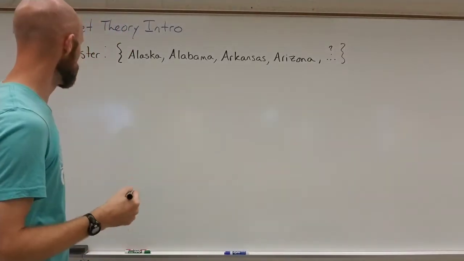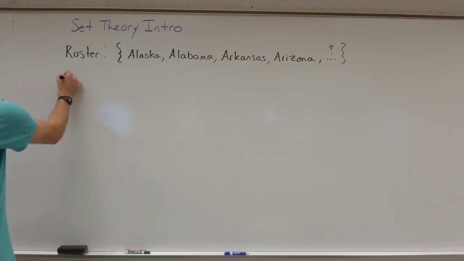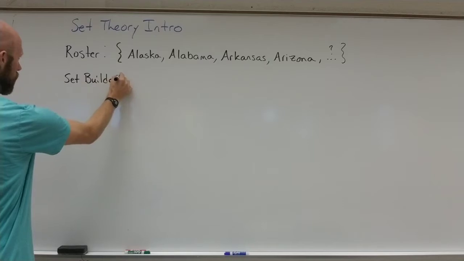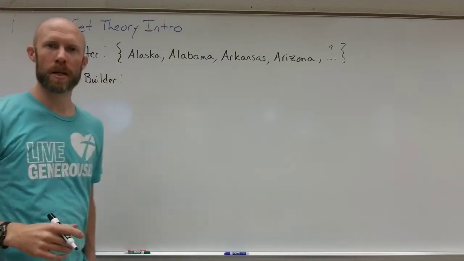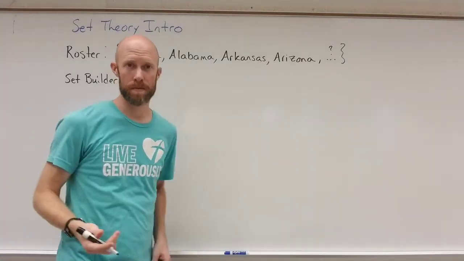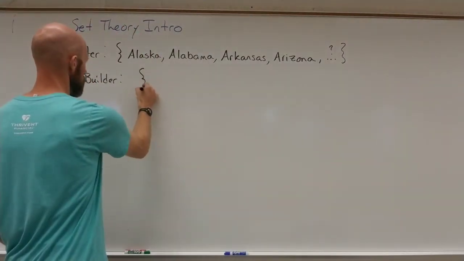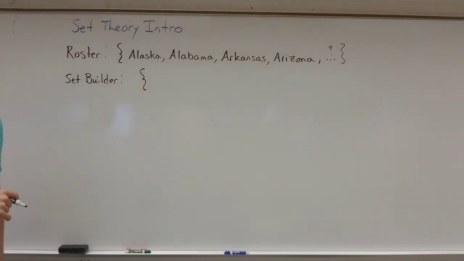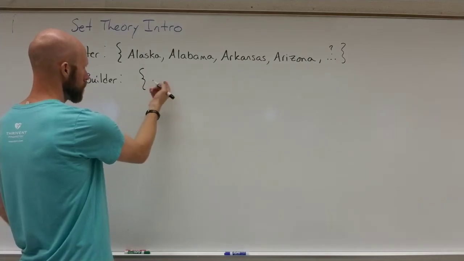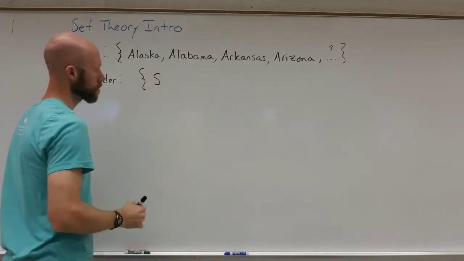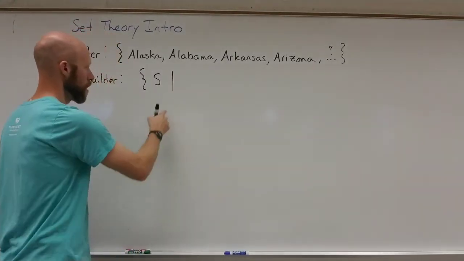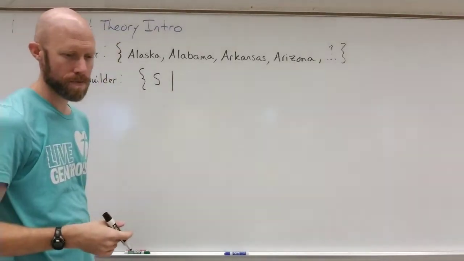Now what I could do is write this in set builder form. And in set builder form, again, you use a symbol and then a description. So again, we're going to use the squiggly brackets, or they're called braces technically. And then we're going to use a symbol. I'm going to use the letter S, maybe a capital S for state, followed by our bar to separate the left and right side.